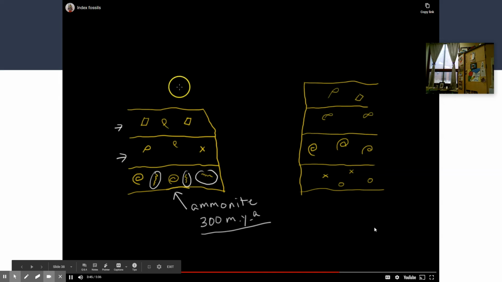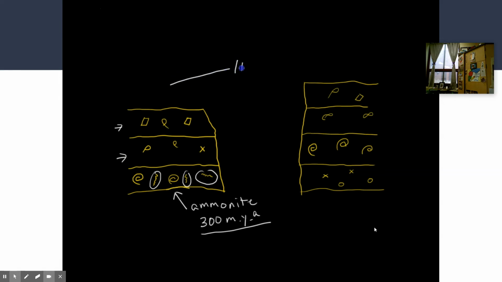The other advantage: let's say we do another dig, over here, 100 miles away, and lo and behold, we find this ammonite again, and we say, wow, this layer matches up with this layer. So we might expect to find this same fossil over in this part of the geography.